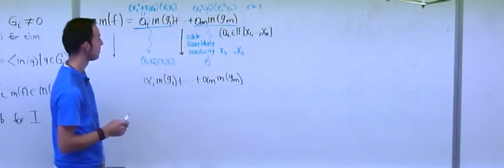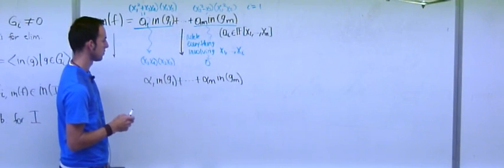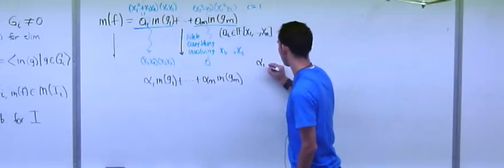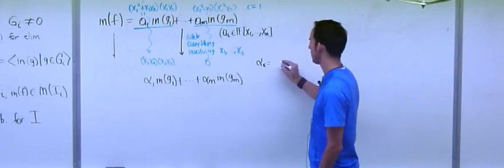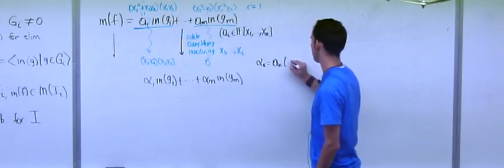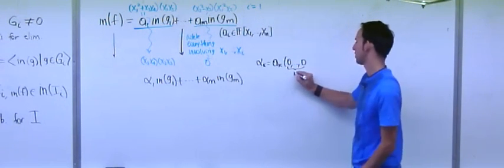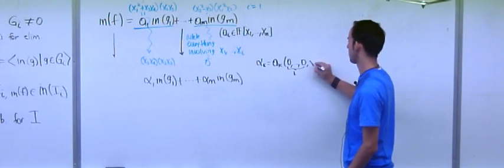One way of thinking about this is that the polynomial alpha k is what you obtain from ak by plugging in 0 into the first I coordinates and leaving the other ones alone.